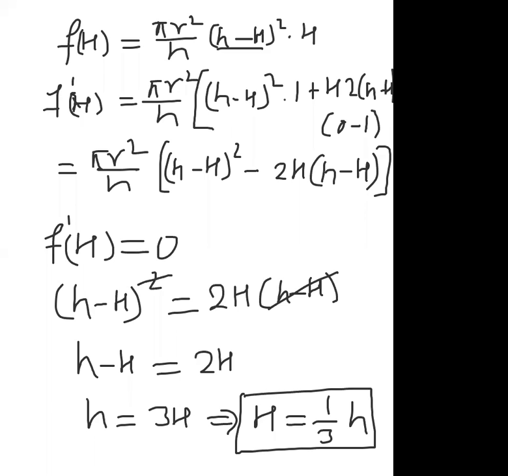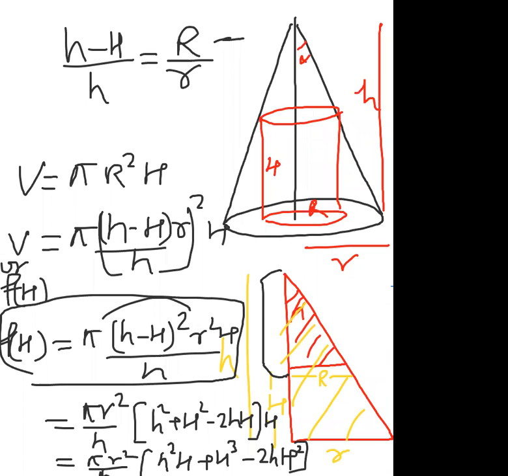Now we are going to the second part. In that it was asked what will be the maximum volume. So volume was, hope you remember, volume F(h). We have calculated, I kept it in the box, pi (h minus capital H2) whole square r square h upon h.